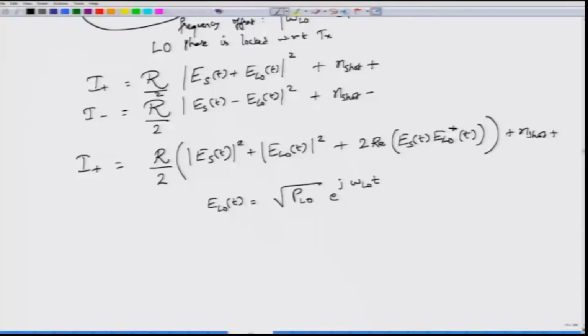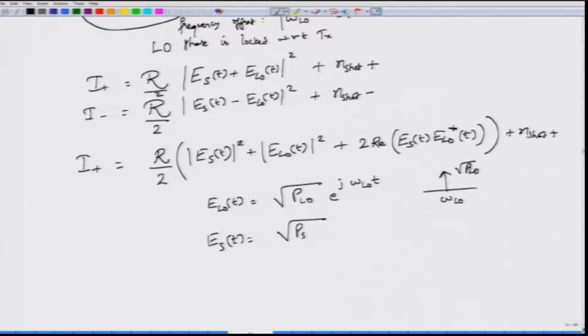So, as far as the receiver is concerned, the local oscillator is simply a sinusoidal carrier signal which has a frequency of omega LO and an amplitude of square root PLO.